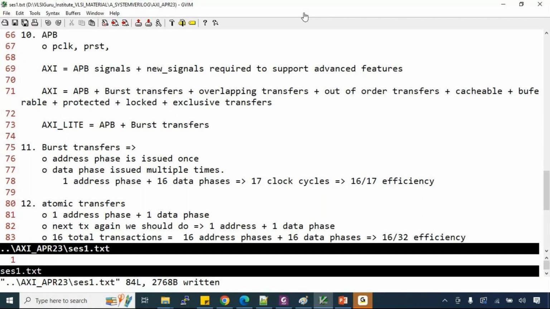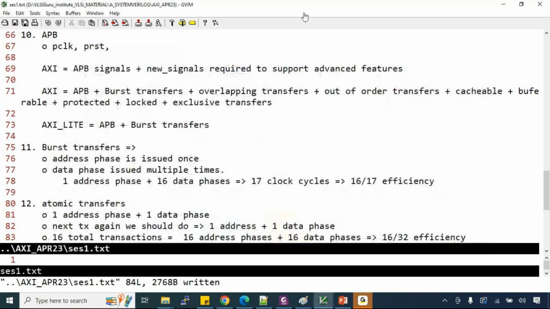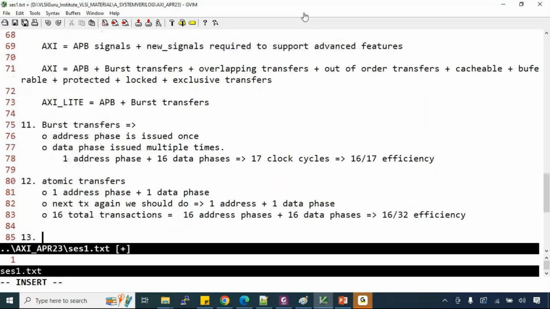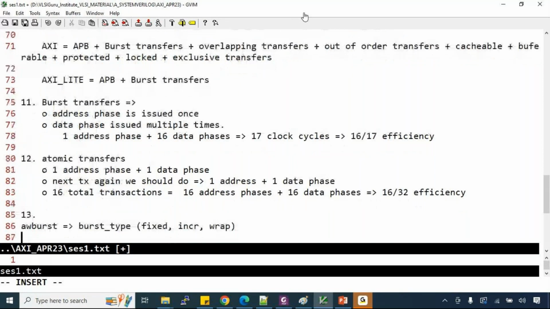So the master has to convey all this information to the slave. For that purpose, AXI introduces some signals. AWBURST will convey the burst type. Is it fixed? Is it incrementing? Is it wrap? It will convey this information.